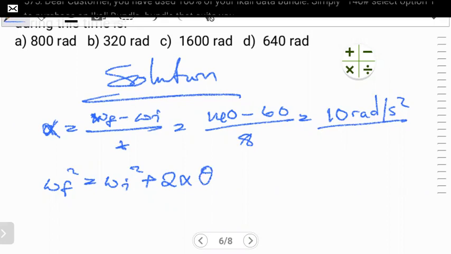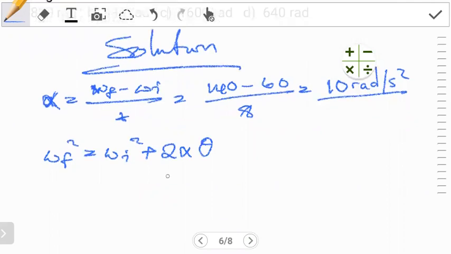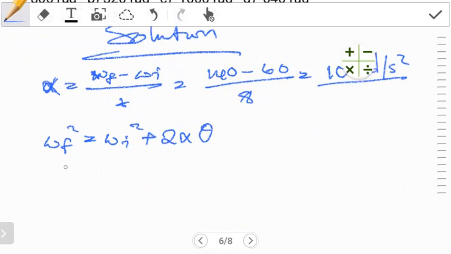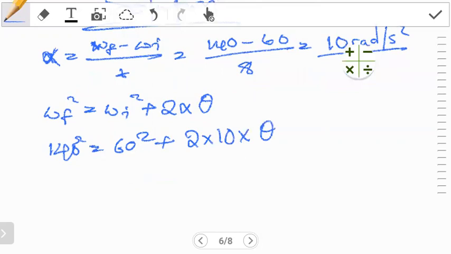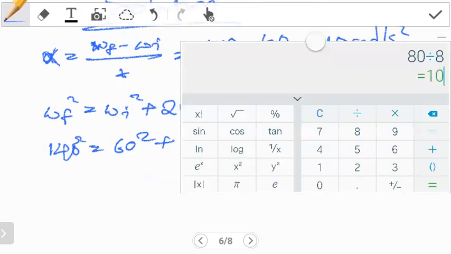This is the angle that we want to find. So omega final is 140, squared, equals 60 squared plus 2 multiplied by 10 times theta. So 140 squared, that's 140 by 140, we get 19600.